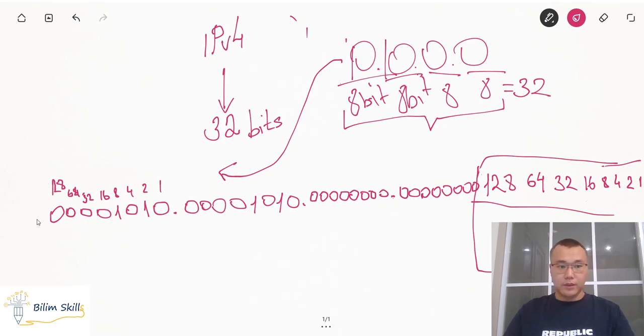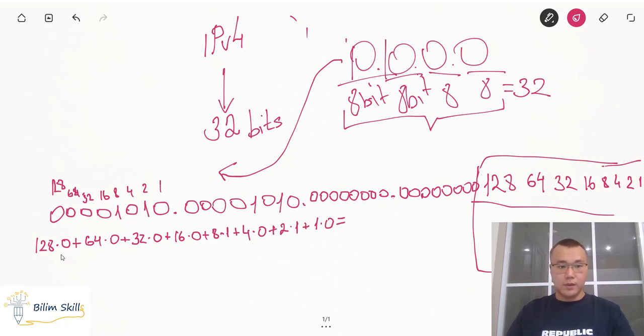If we count all of it: 128 multiplied by 0 plus 64 multiplied by 0 plus 32 multiplied by 0 plus 16 multiplied by 0 plus 8 multiplied by 1 plus 4 multiplied by 0 plus 2 multiplied by 1 plus 1 multiplied by 0.